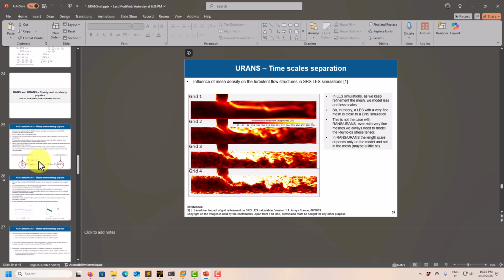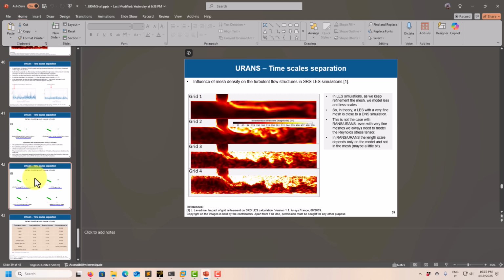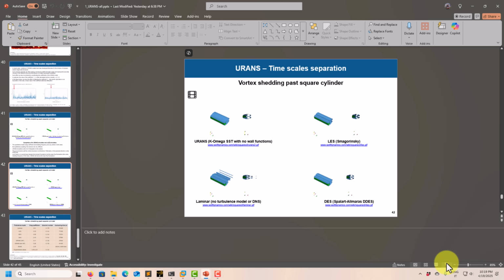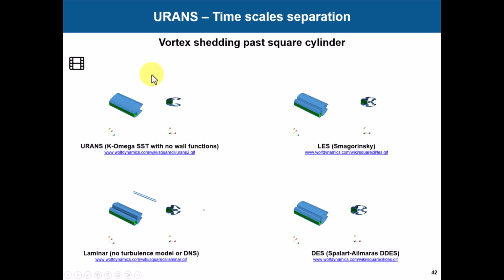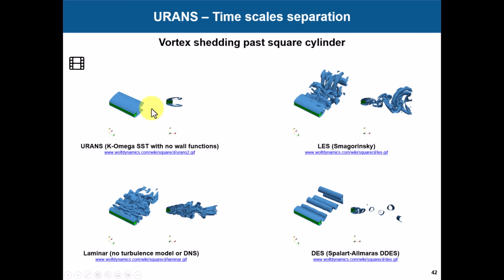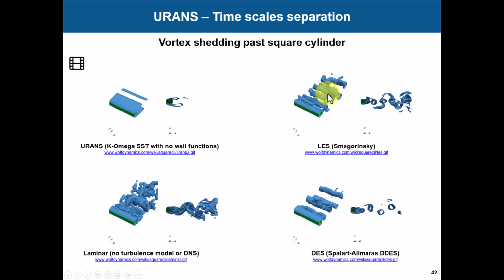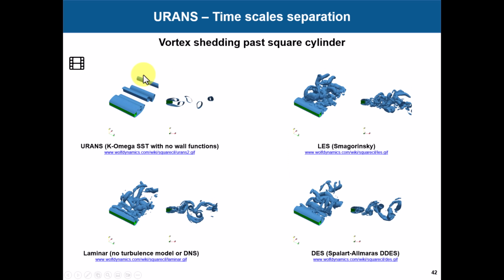And to end here, I always like this image. I think this is something that we need to do as a tutorial so you get an idea. This is what you're going to see with an URANS. You're going to resolve the average quantities very well, but this breakup, this vortex stretching, this stuff, is very difficult to capture in URANS.